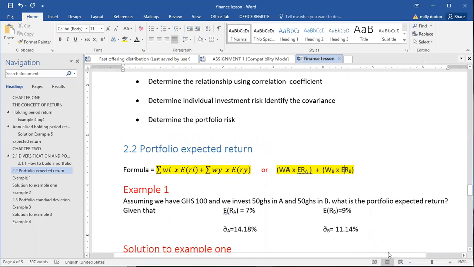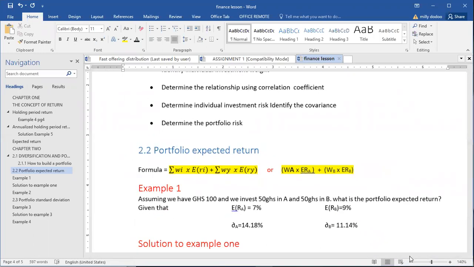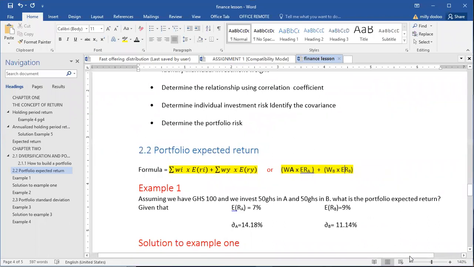Given that the expected return for A is 7% and the expected return for B is 9%, and the standard deviation for A is 14.18, standard deviation for B is 11.14.